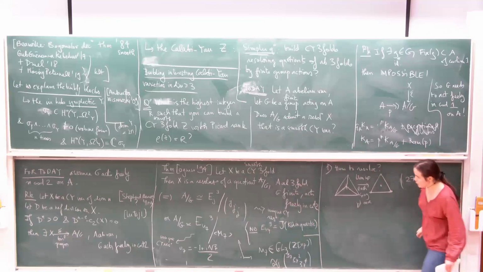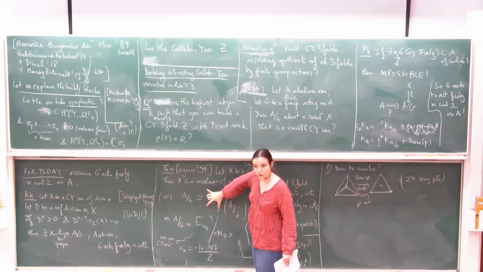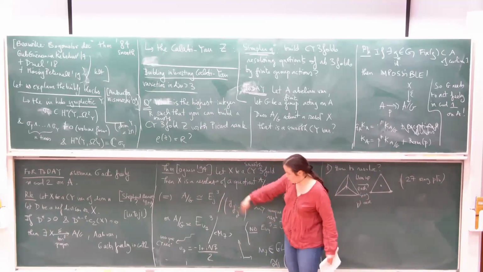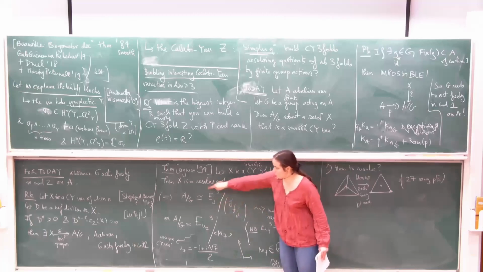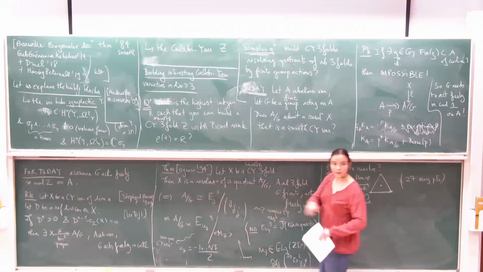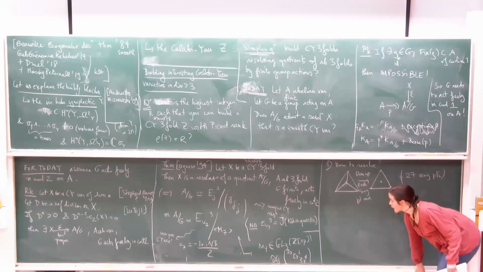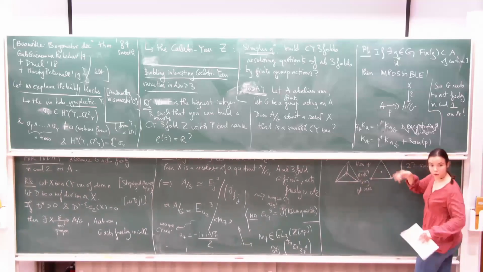And now if you look at the Picard group that you had downstairs before the resolution, you actually have Picard number 9, because here you quotiented by something that commutes with everything. So the quotient has the same Picard group as this one first. And this one has the biggest Picard number that an abelian threefold can have, and it's 9. So you do this at every singular point to resolve everything.